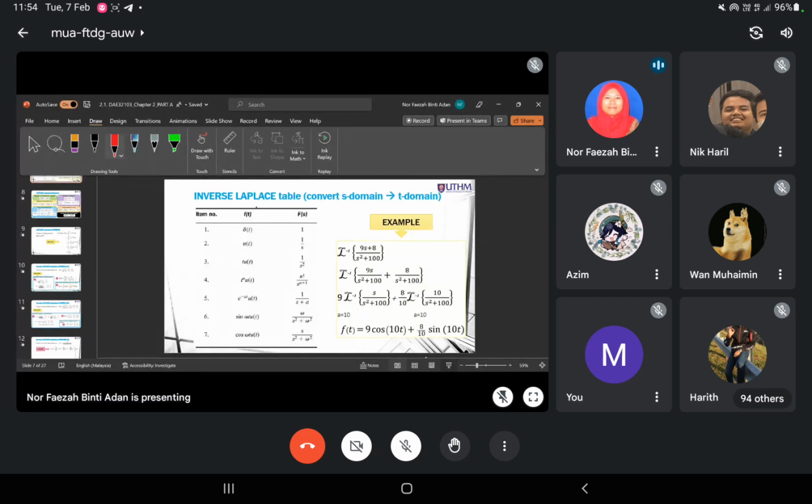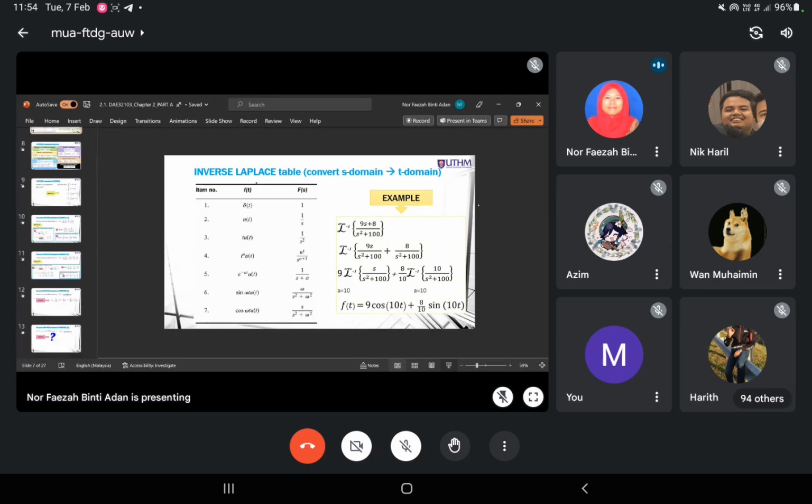So in this inverse Laplace table, the first three are your types of input. dt is the impulse type, which we don't use in the lab; we don't have a lab activity for it.